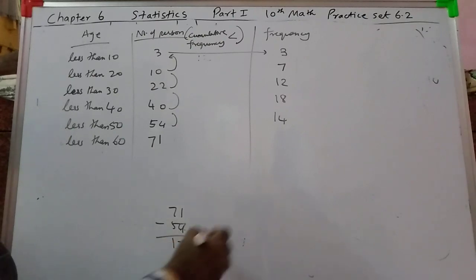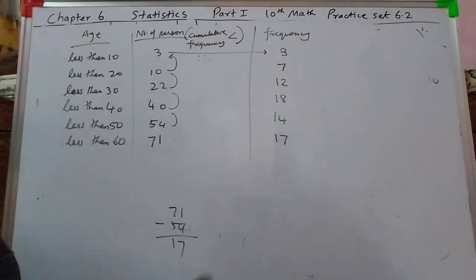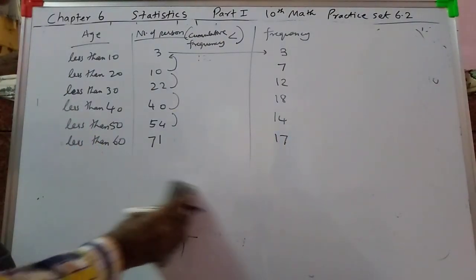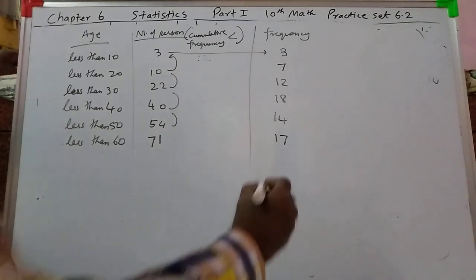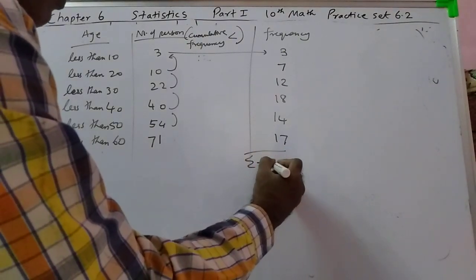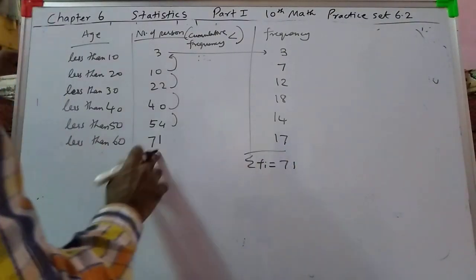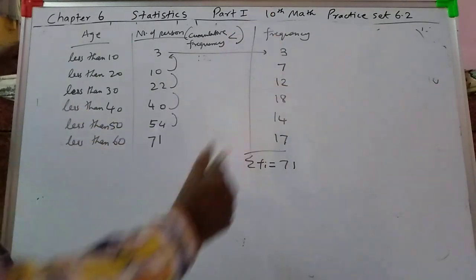That will become 17. Okay. That's all. This way you have to do it. Summation of fi will be 71.